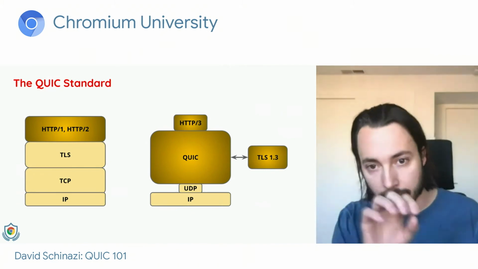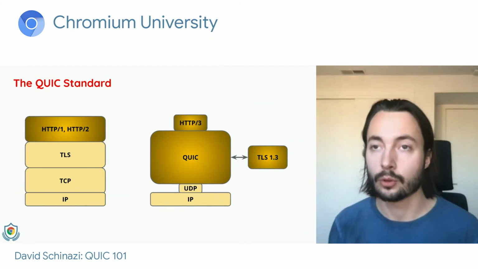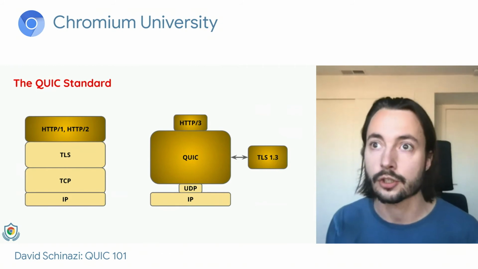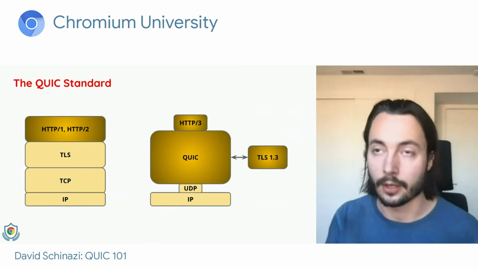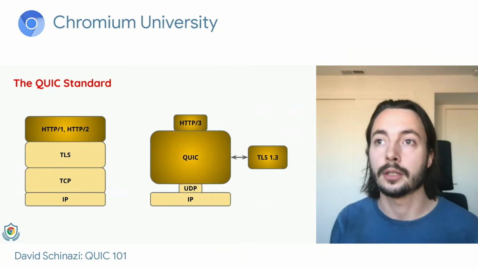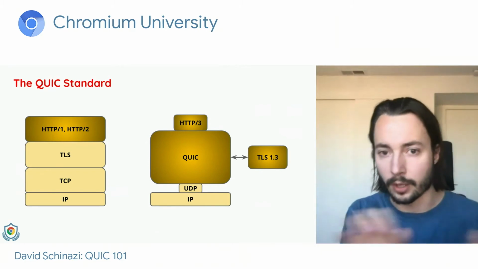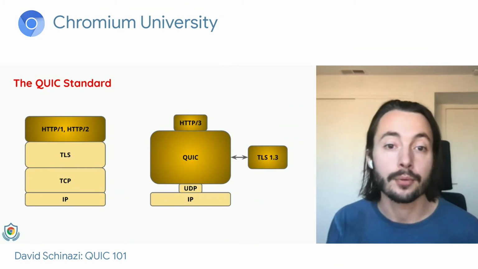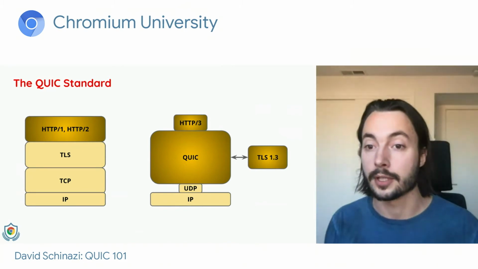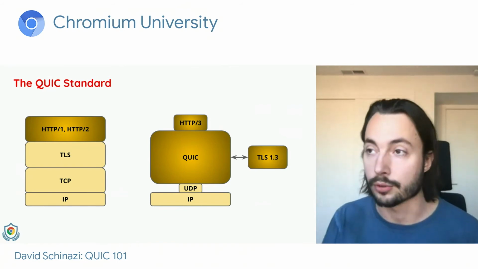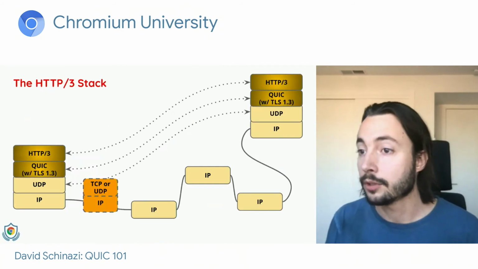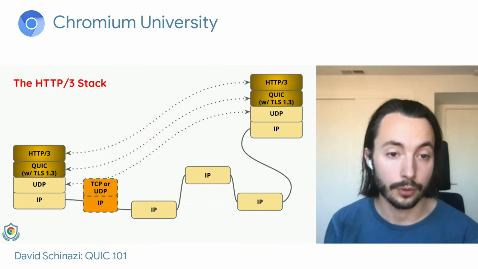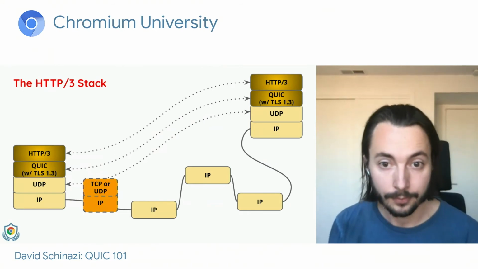And then TLS is off on the side because Quic uses TLS for its key exchange properties, for its certificate verification, and for generating all the keys it needs, but it doesn't actually work on top of the TLS protocol. That's why it's on the side with arrows there. And then HTTP3 gives you all the mappings of the HTTP semantics on top of this new transport. So the stack ends up looking like this, where you have HTTP3 over Quic over UDP and IP.